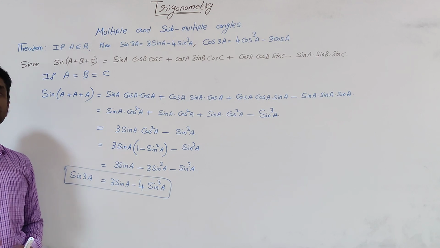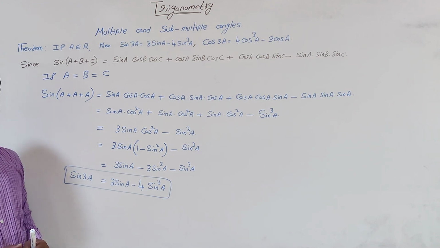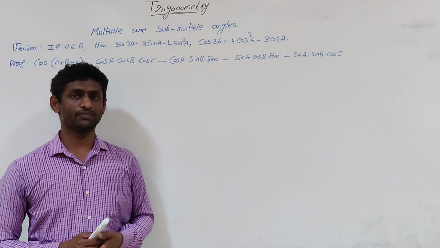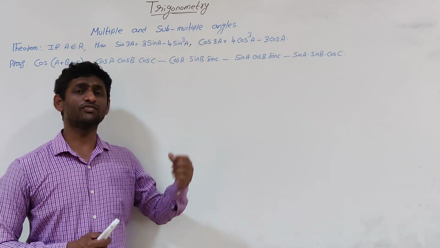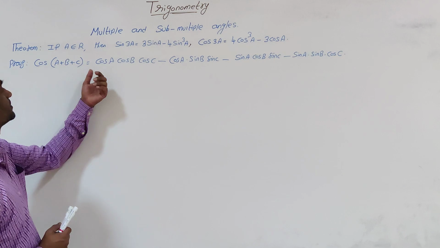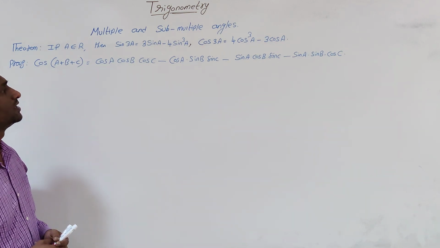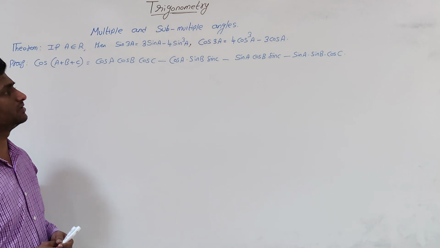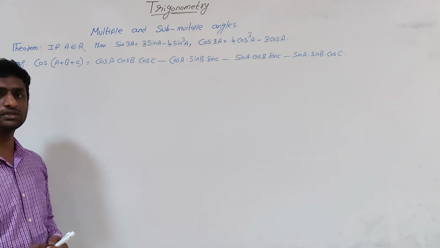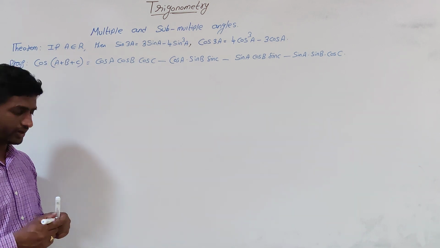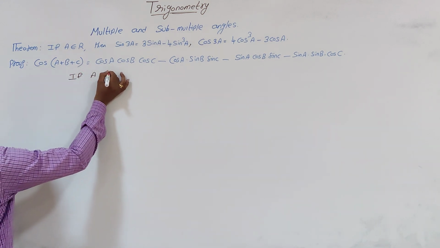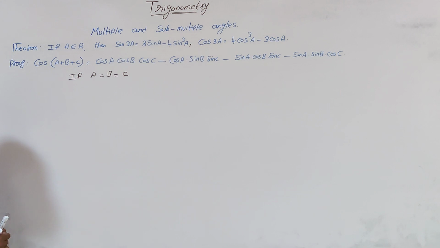Similarly, we can prove the result of cos 3A also. Now we will see the proof for cos 3A. As we know, cos of A plus B plus C is cos A cos B cos C minus cos A sin B sin C minus sin A cos B sin C minus sin A sin B cos C. If three angles are equal, if A is equal to B is equal to C, then what happens?